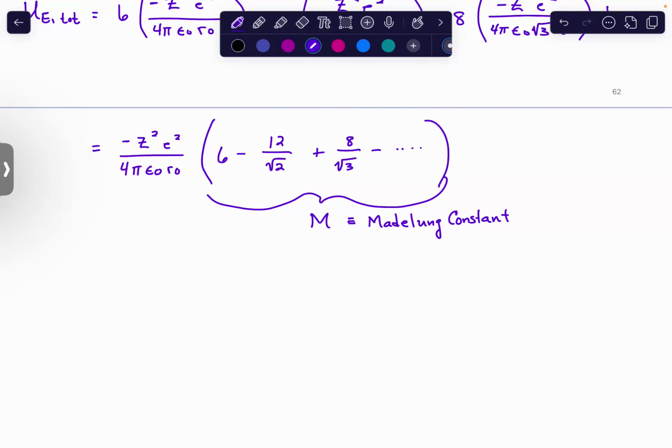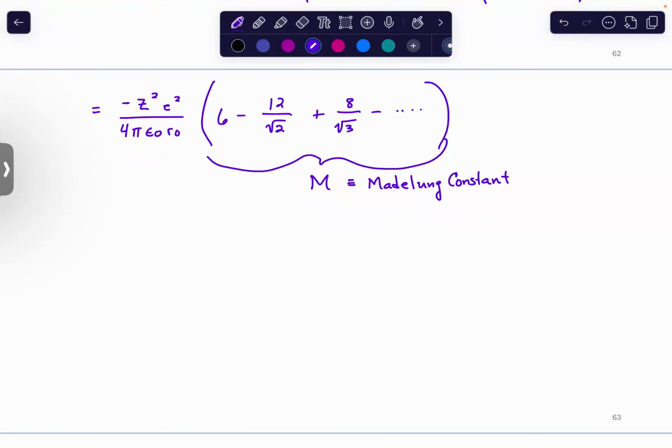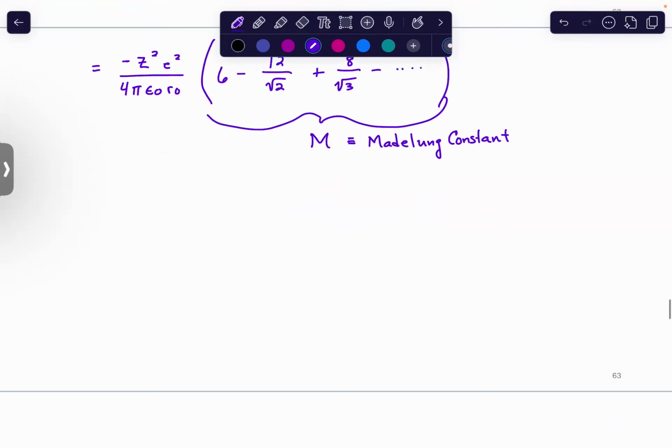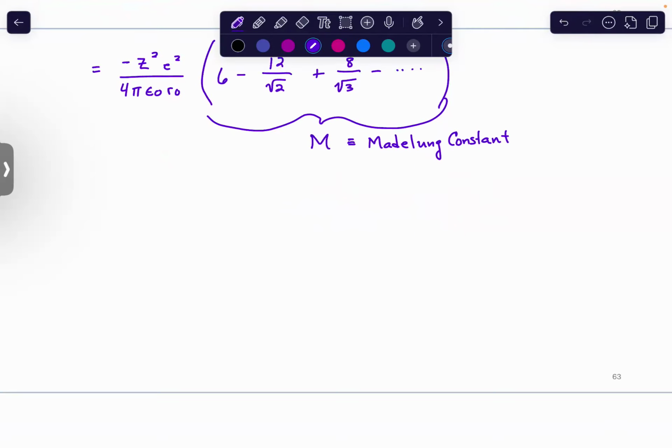Okay, so let's look. What we have here is two internal energies, two potentials.